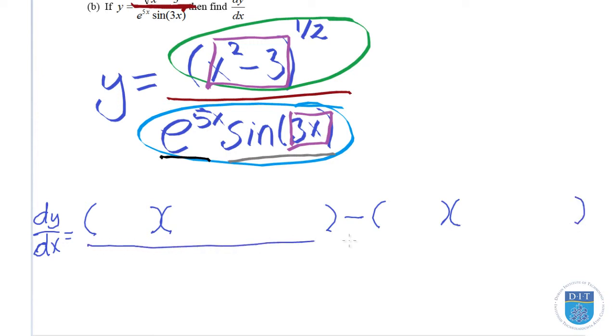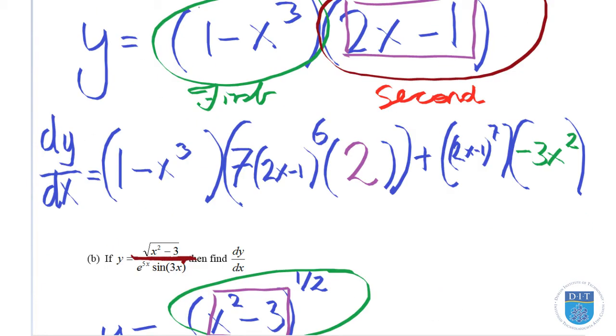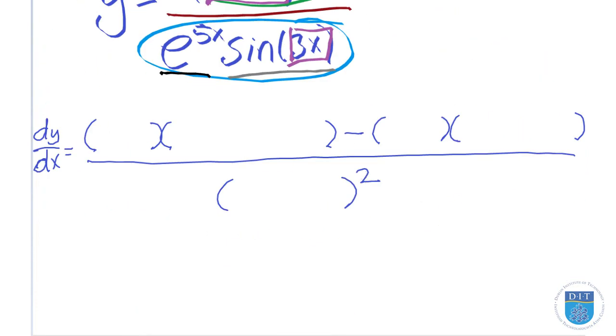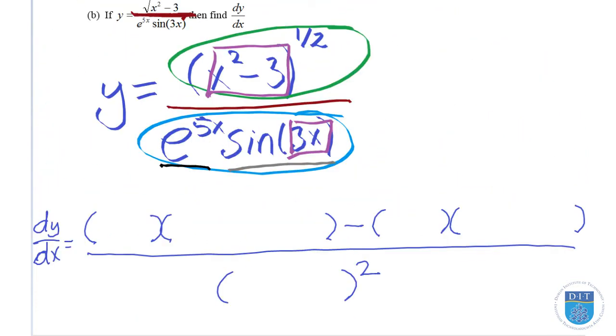There we go, that'll give us enough space, all over the bottom squared. So in either the product rule, the first brackets each time don't have to be that large, but you may enlarge the second brackets so that you fit the derivatives in. Right, let's get to it.